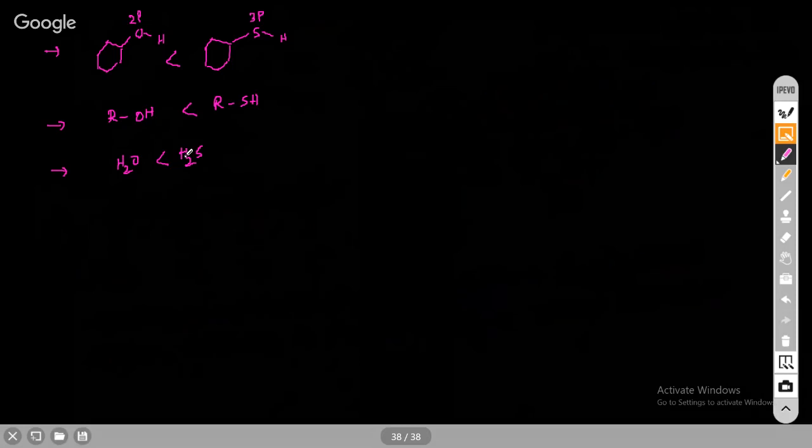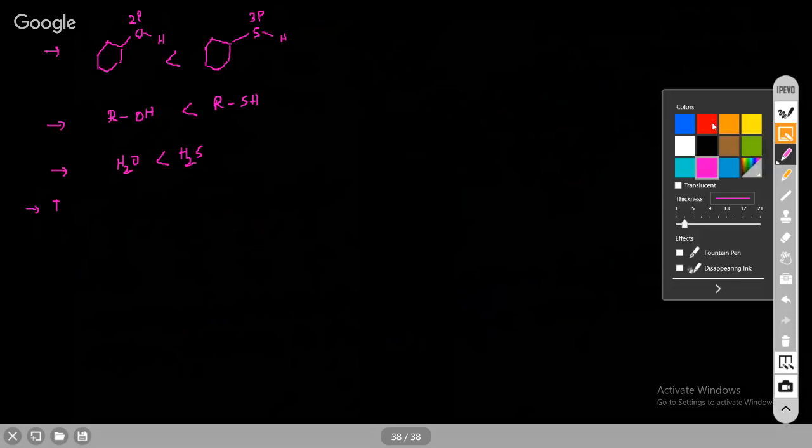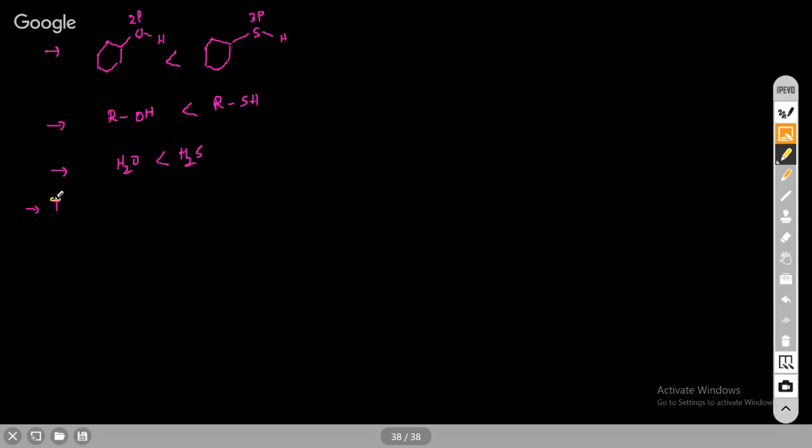So these kind of compounds where we have difference in size, the first type, we have type 1. First type of question that they give you is when we have variation in size.